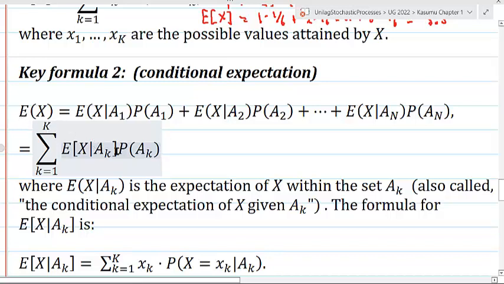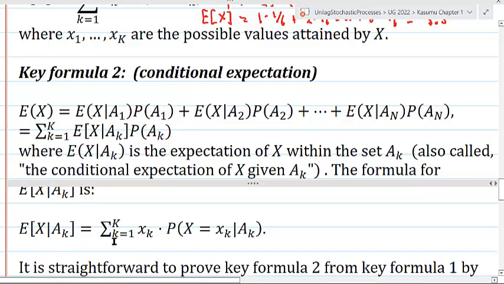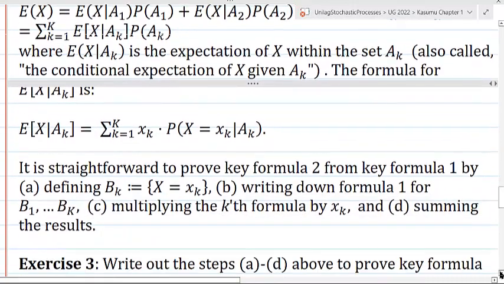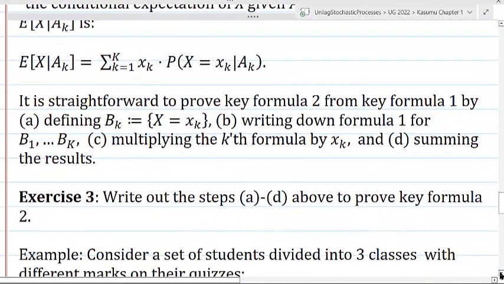Right. So you can see that this formula is quite similar to the formula below. Right. Now, it's straightforward to prove formula 2 from formula 1 using the following steps.